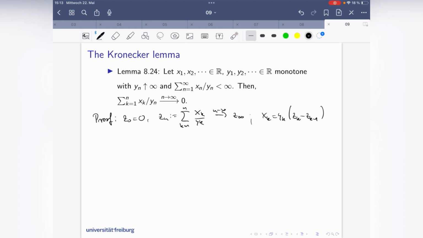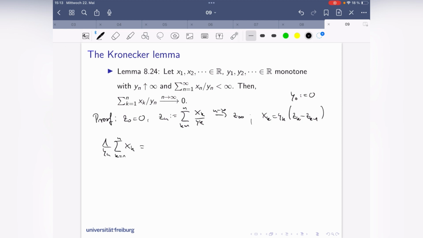Let me also define y0 is 0, which we will need. And then what should converge to 0? Well, it should converge to 0, 1 over yn times the sum over the xk, k from 1 to n.